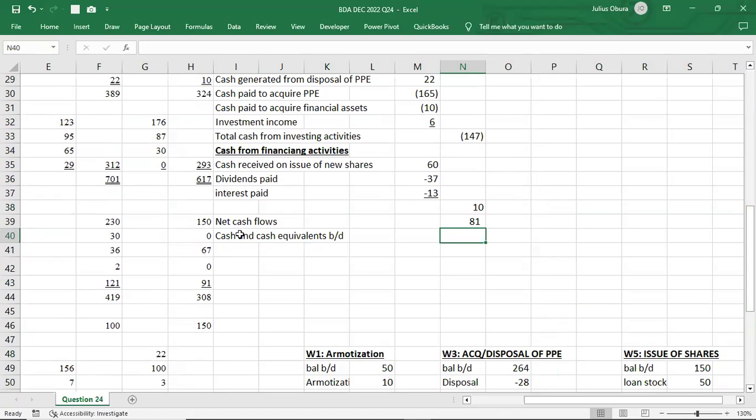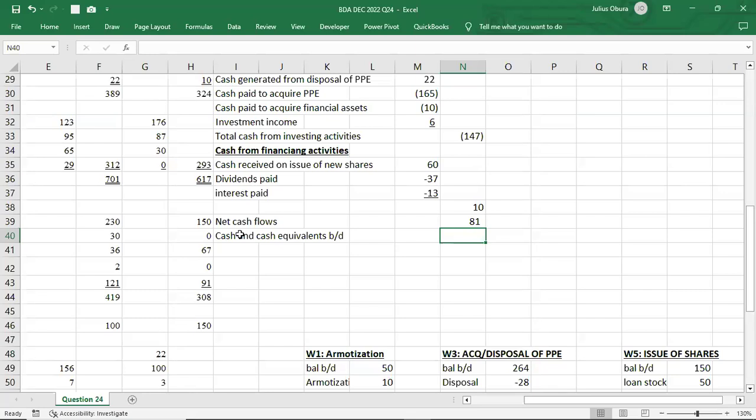For our cash and cash equivalents brought down, we have to check for it. Here we check at our current asset section.